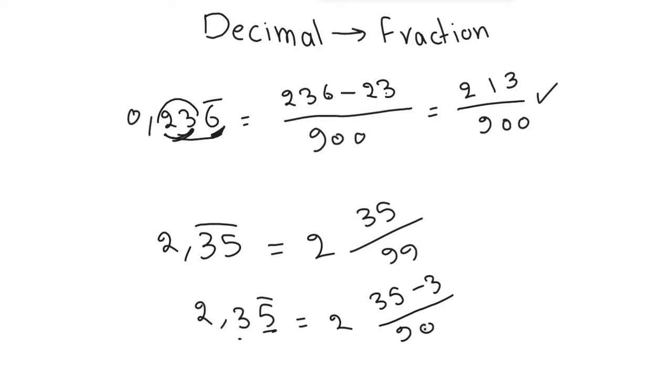Yeah, this one is 9, this one is 0. So it's equal to 232 over 90. This is the answer.